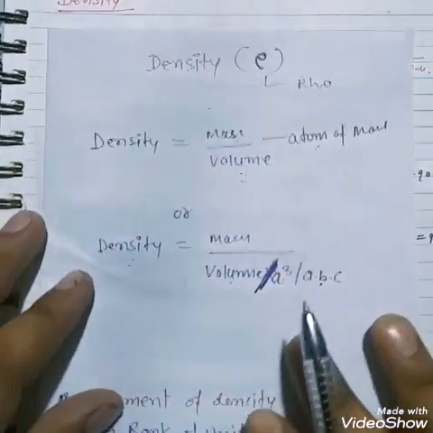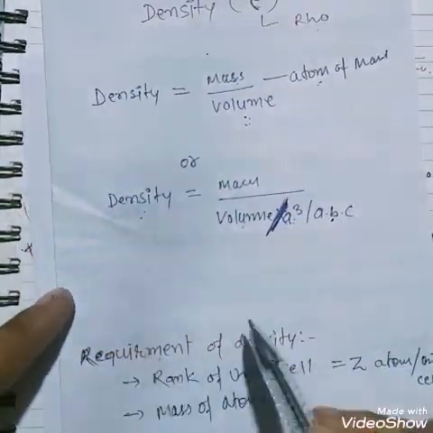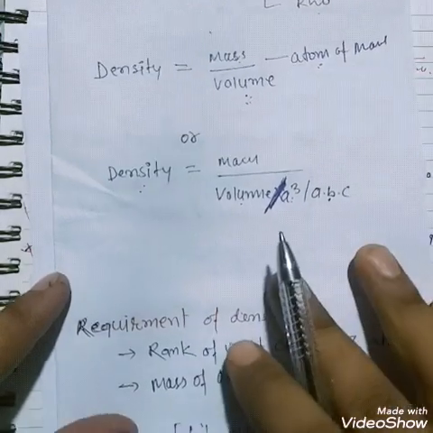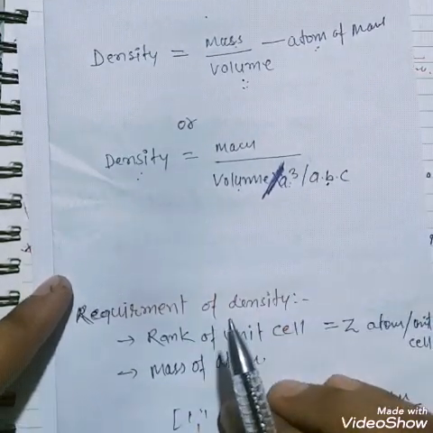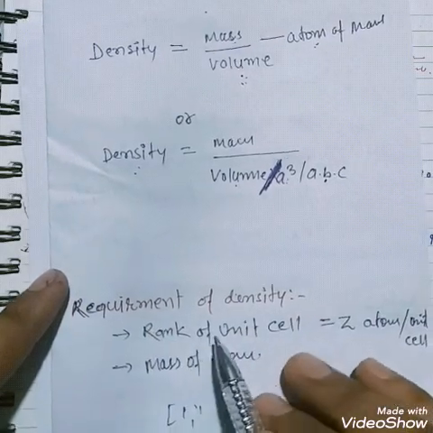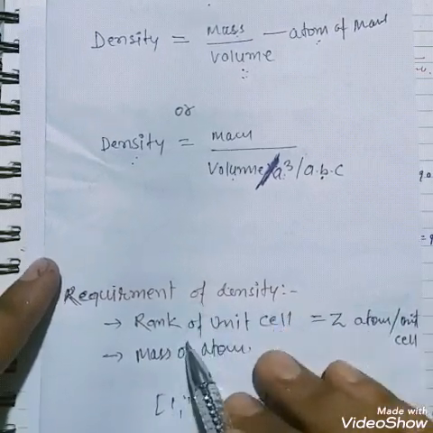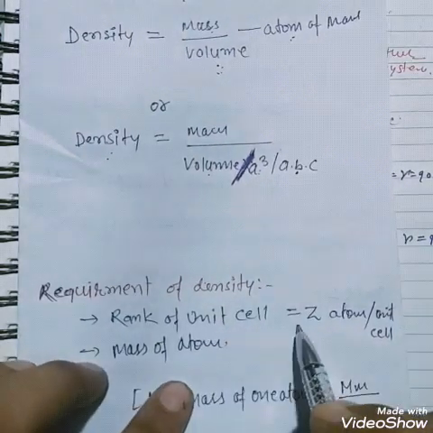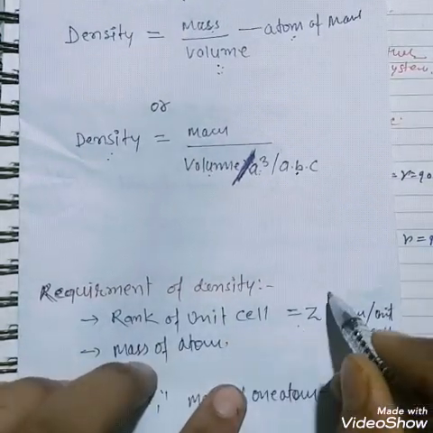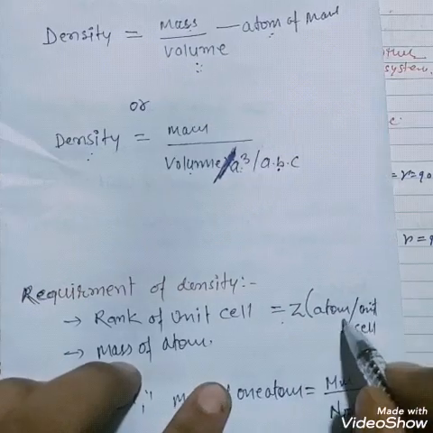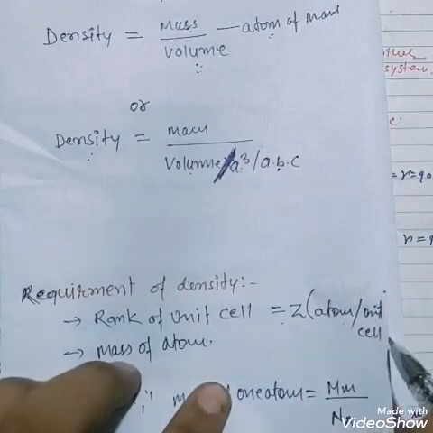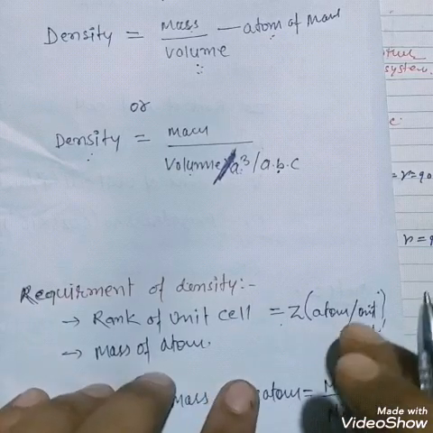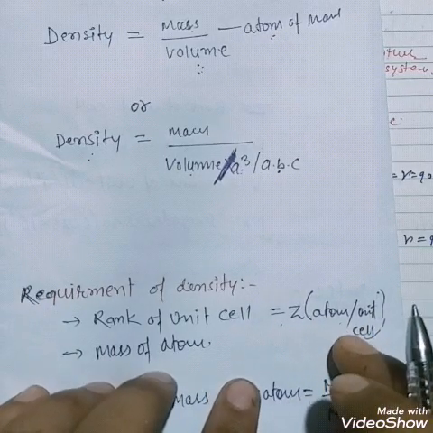Next is the requirement for calculating densities, that means how to calculate density. First of all, the rank of unit cell is known as Z, also known as atoms per unit cell.